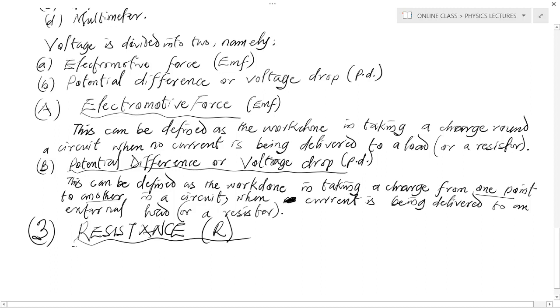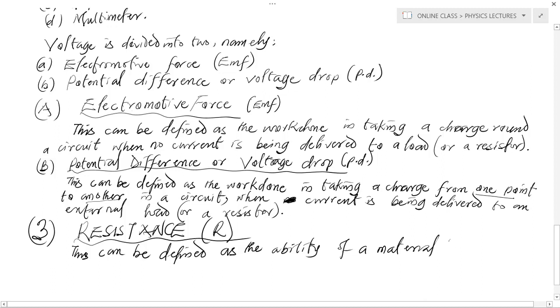Resistance can be defined as the ability of a material to resist or oppose the flow of charge through it.